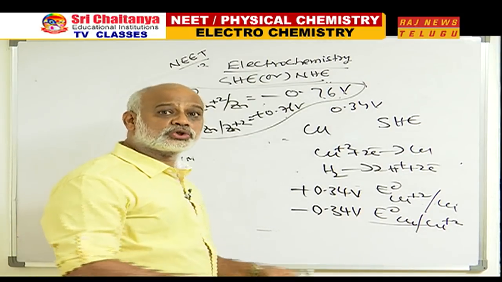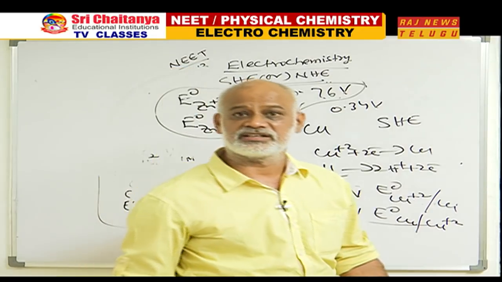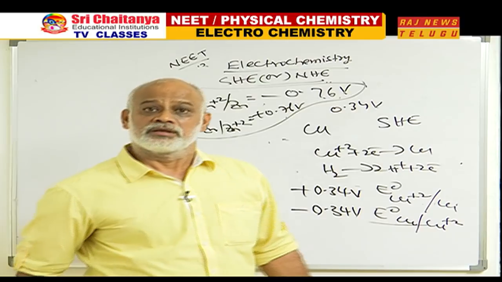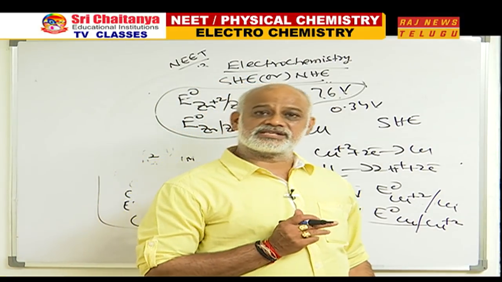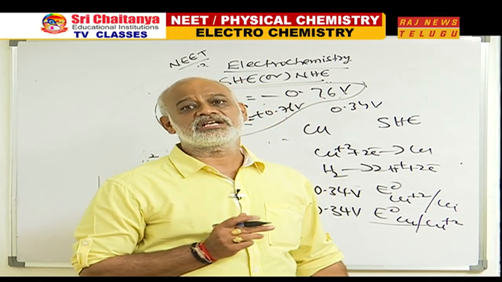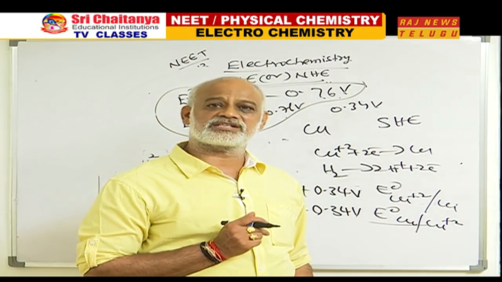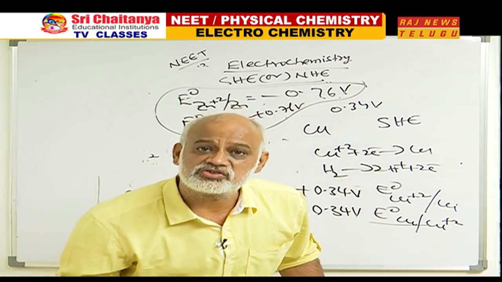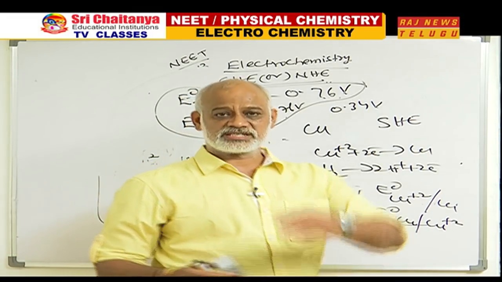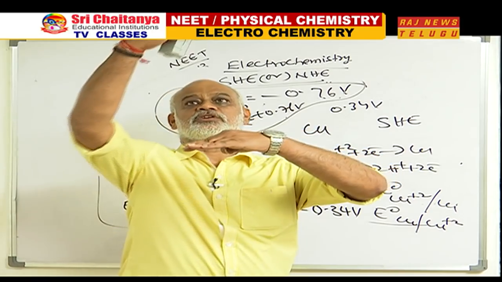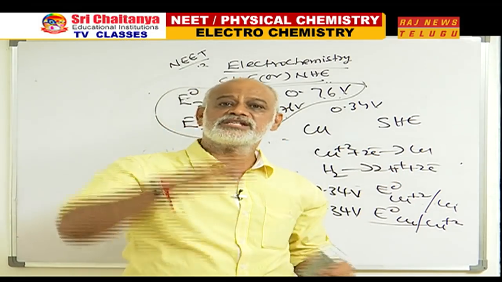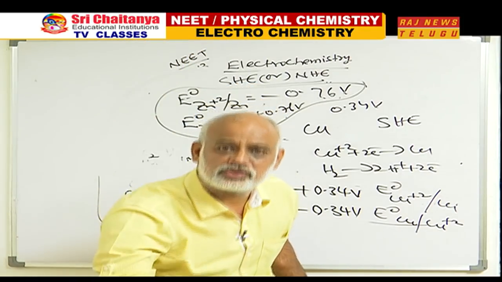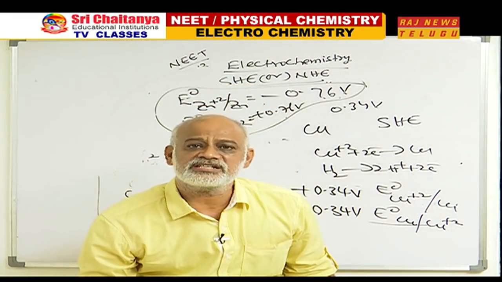I selected 2 electrodes, my favorite electrodes always zinc and copper. One SRP is negative in the case of zinc. One SRP is positive in the case of copper. Compared to what? Hydrogen, whose value is what? 0.